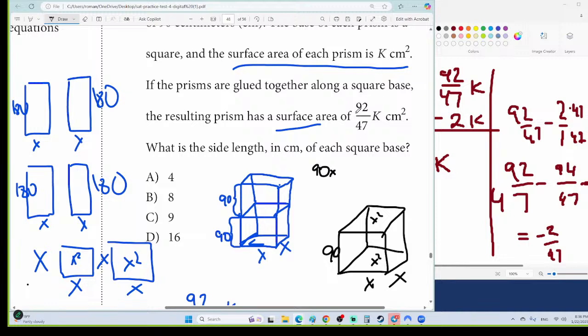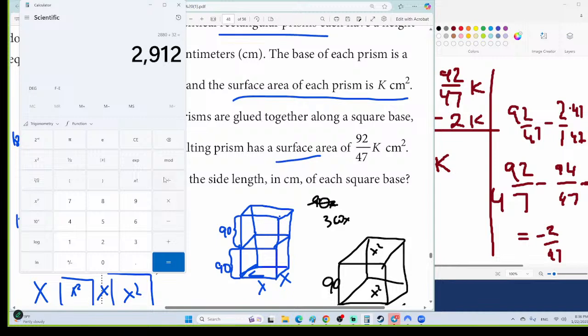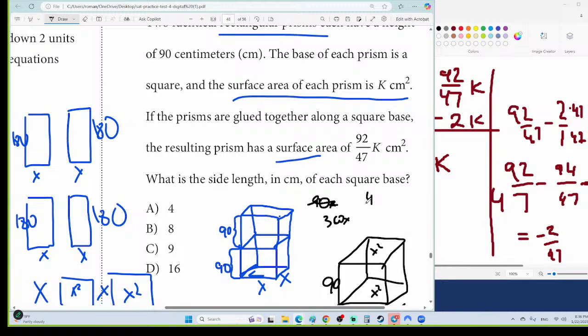What is the difference between k and 92 over 47 k? That's 47 over 47, which is 92 minus 47, 45. So 45 over 47 k is what was being added. 45 over 47 k is those 4 sides.